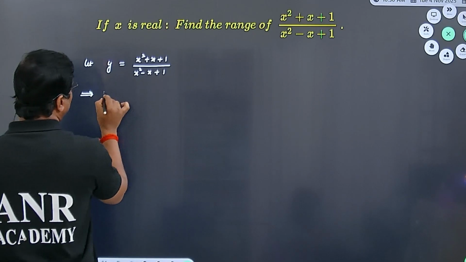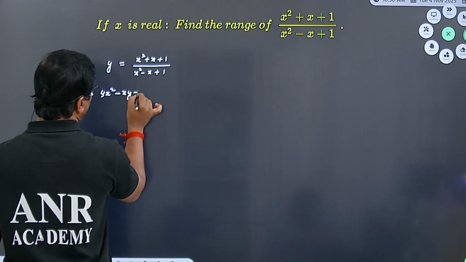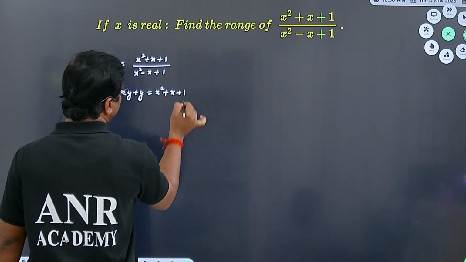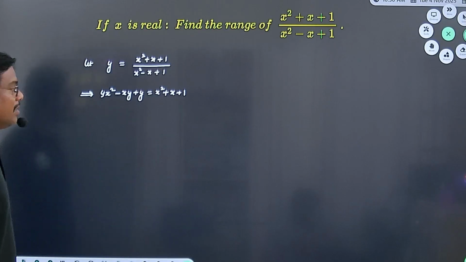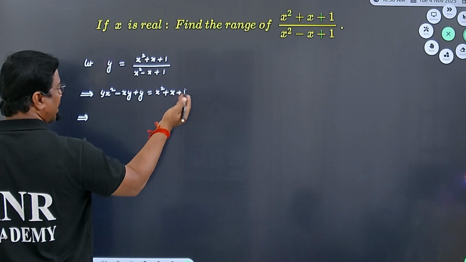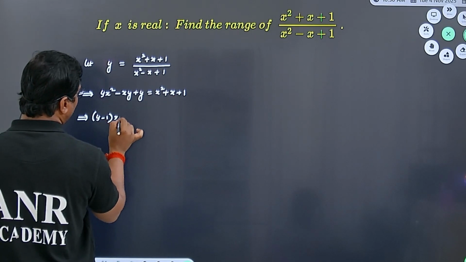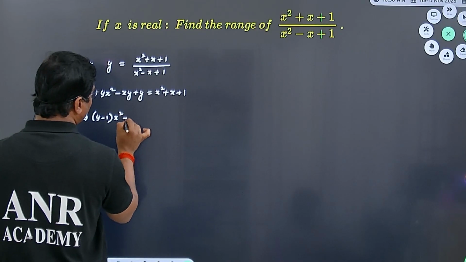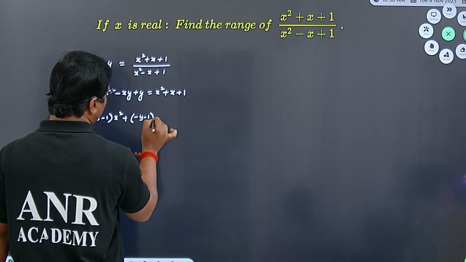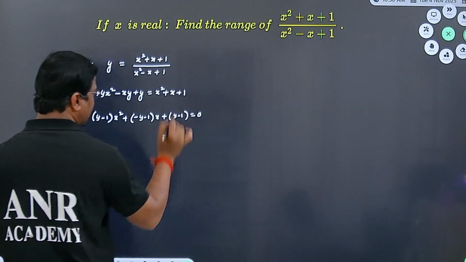Implies, on cross multiplication it is yx square minus xy plus y become x square plus x plus 1. Next, in the next step, transfer right part into left, we get (y minus 1) of x square, next plus (minus y minus 1) of x plus (y minus 1) equal to 0.